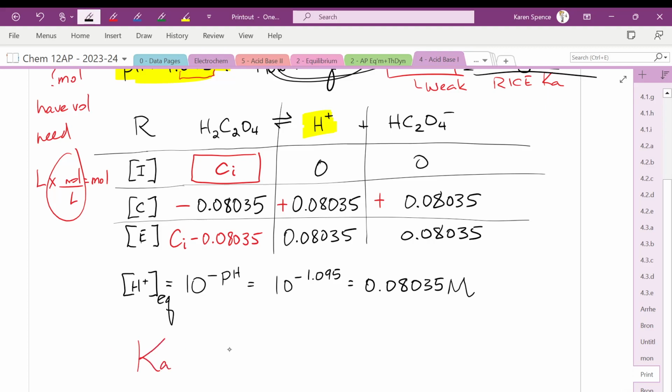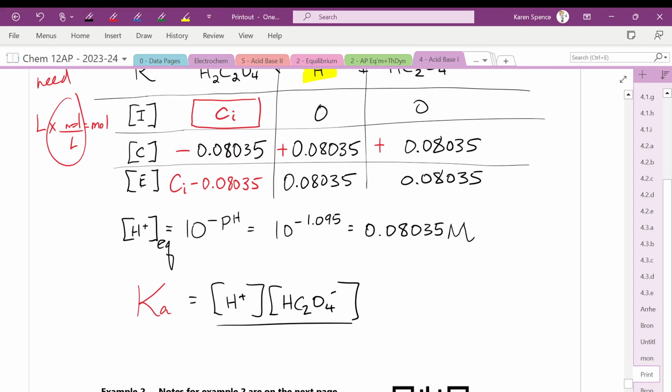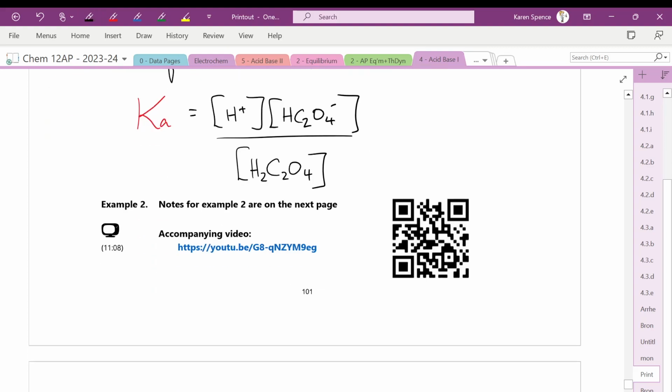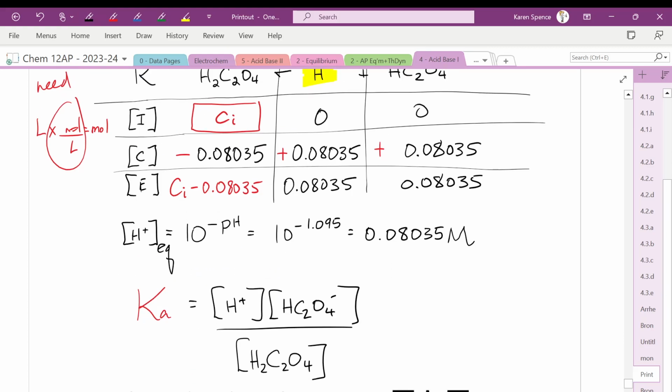Ka is equal to H plus times HC2O4 minus over H2C2O4. I didn't leave myself much room, did I? Oh well, that's okay.